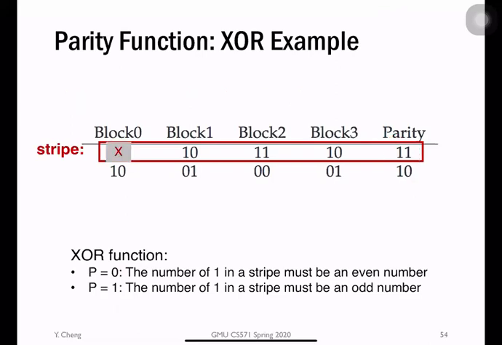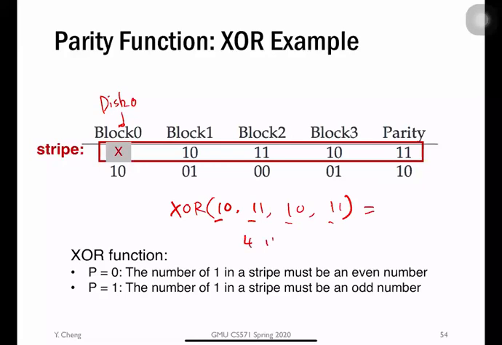Again, let's say block 0 or disk 0 goes down. So we want to calculate that. You could apply exclusive OR to the rest of the 3 data blocks together with 1 parity chunk, parity block, okay? You just do exclusive OR on block 1, block 2, block 3, and the parity block. For the high bit, we have a total number of 4 ones.